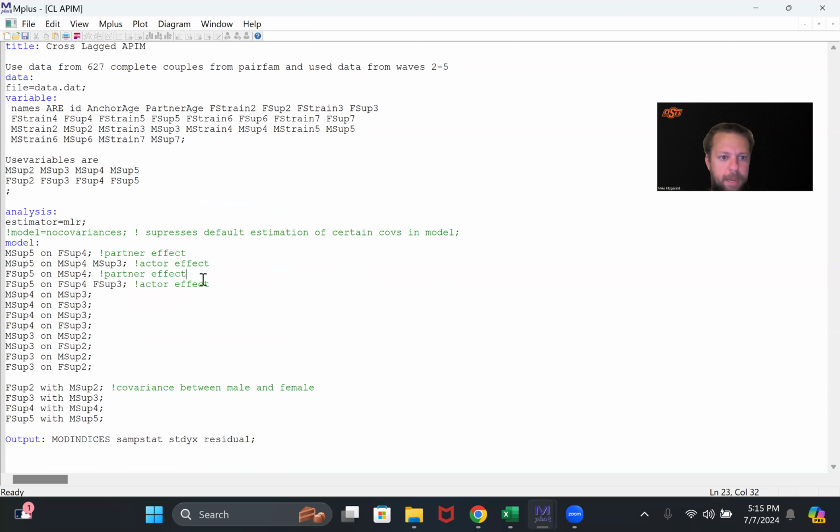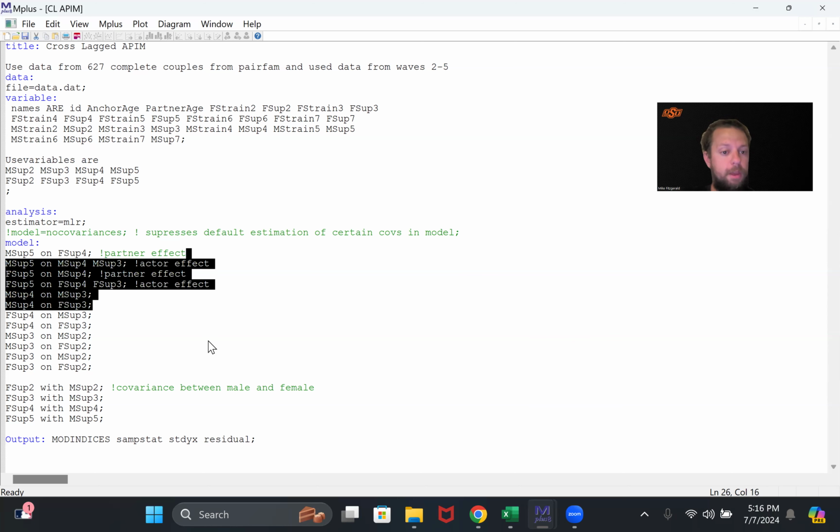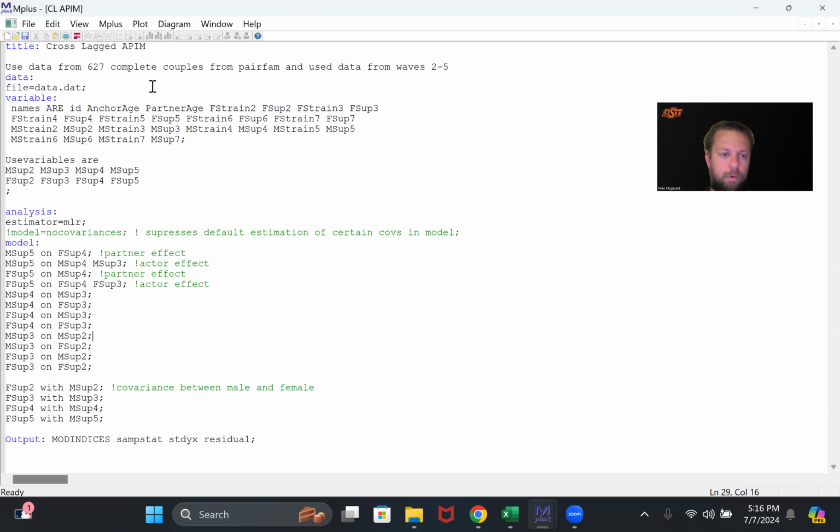And so now we are saying that the effects from male perceptions of support at wave 3 are going to uniquely predict male perceptions of support at wave 5 beyond the contribution of male support at wave 4. So there's something that lingers from wave 3 that affects wave 5, but isn't transmitted or mediated through what happens at wave 4. All right. So we'll go ahead and we'll run that.